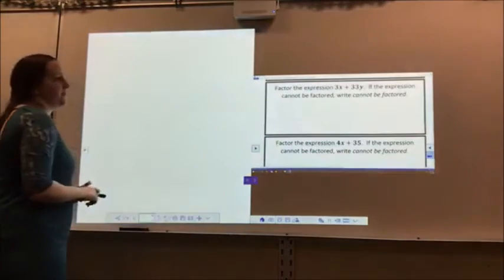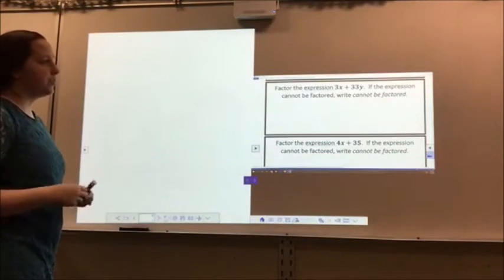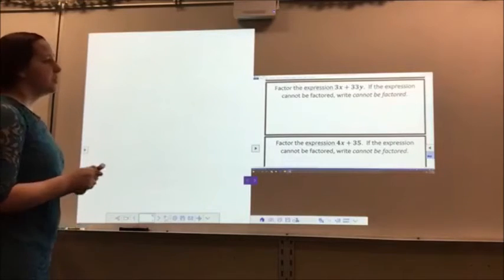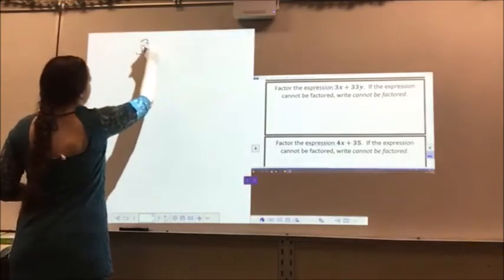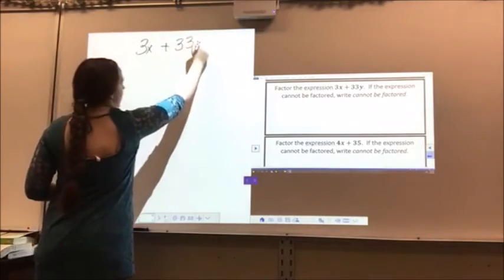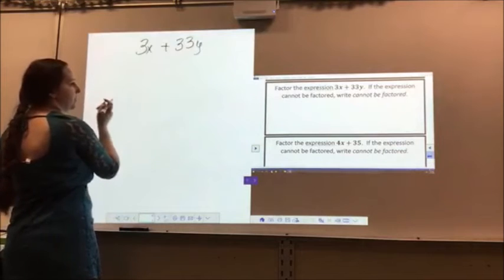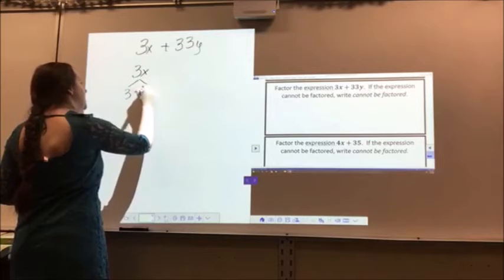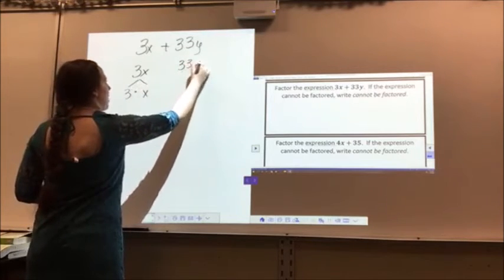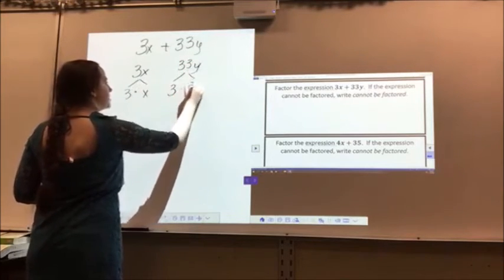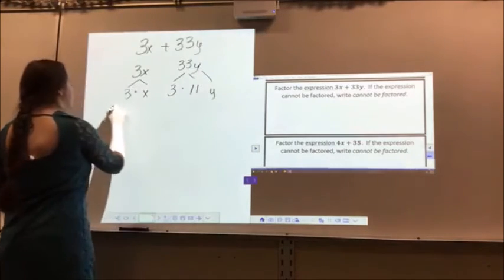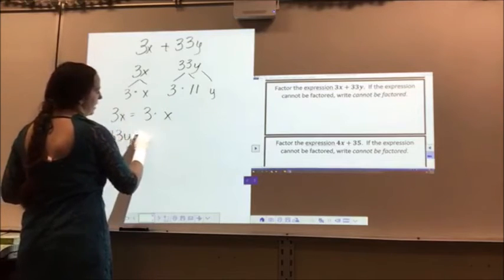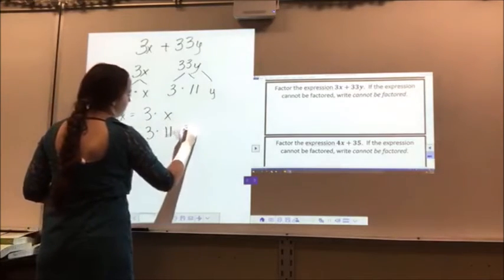Number 2 says factor the expression 3x plus 33y. If the expression cannot be factored, say it cannot be factored. So I'm going to look at 3x plus 33y, and I'm going to find the prime factorization for 3x, which is 3 times x, and 33y, which is 3 times 11 times y.